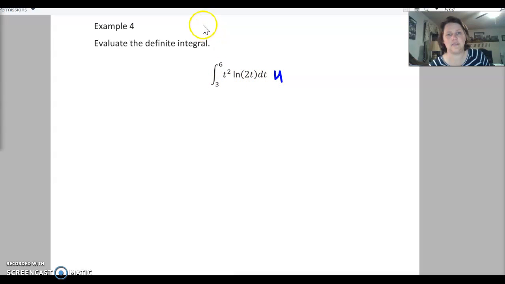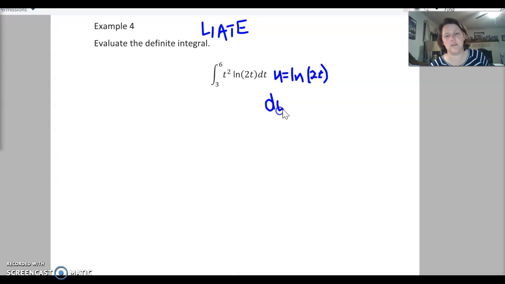Now in this case, remember our acronym that we can use here. We have an algebraic function, but we also have a logarithmic function. So if we've got a logarithm in there, we're always going to use that logarithm first. So u is going to equal the natural log of 2t.